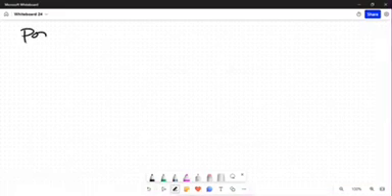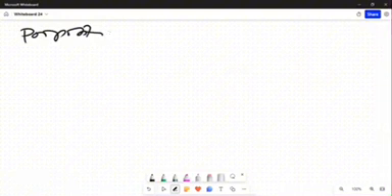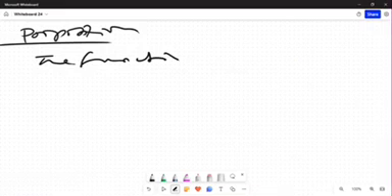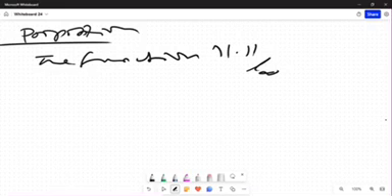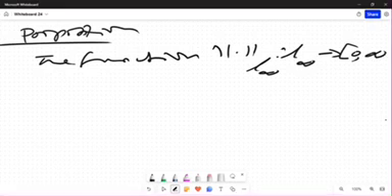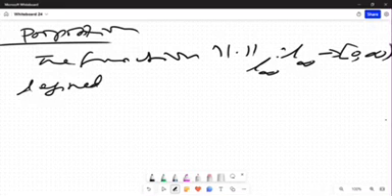Look at the norm on L infinity. If I call it a proposition, define the function. Of course, you know the norm is a function. The norm on L infinity is a function whose domain is the vector space L infinity, and the range is 0 to infinity. You define that norm as follows.